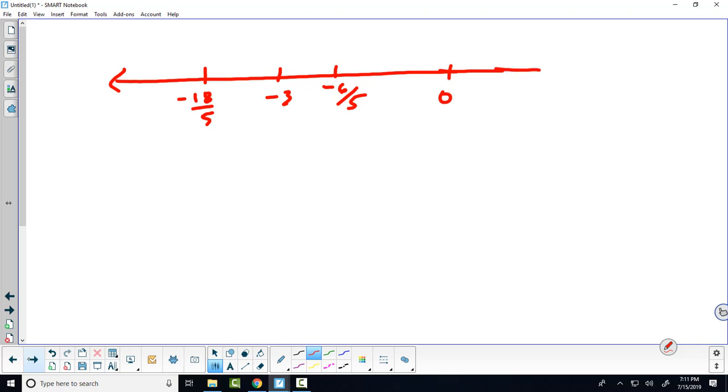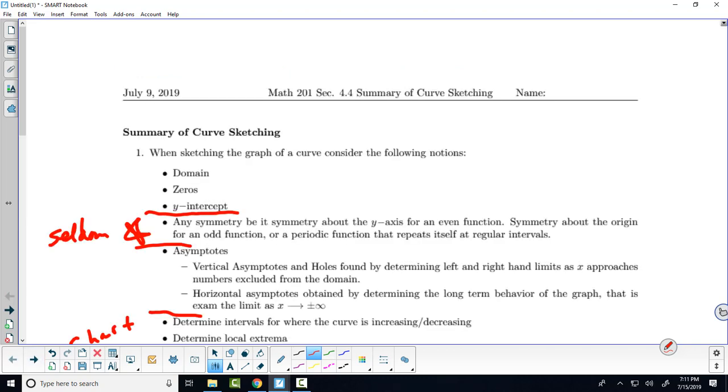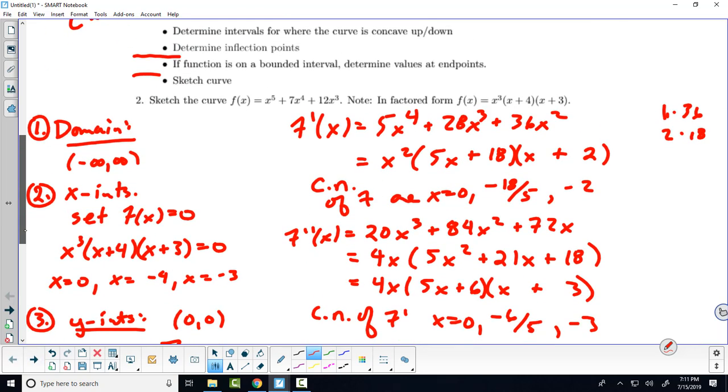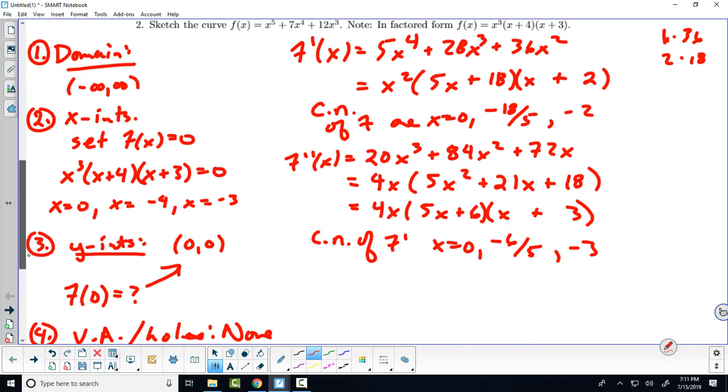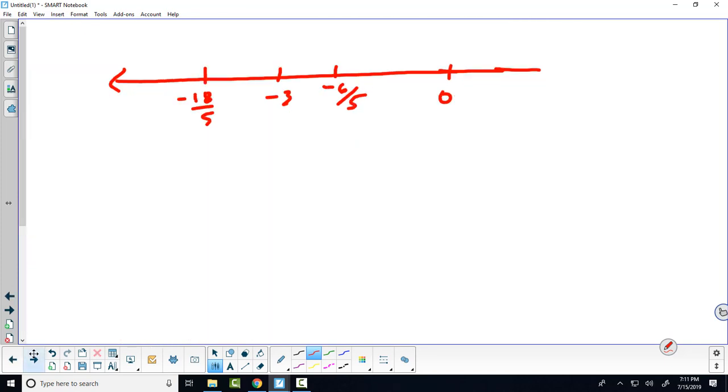Are they all negative? Ugh, that's ugly. Yep. So this one would be negative 2. This is negative 6 fifths, and then 0. Okay.